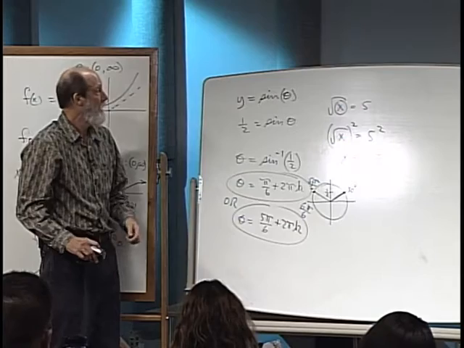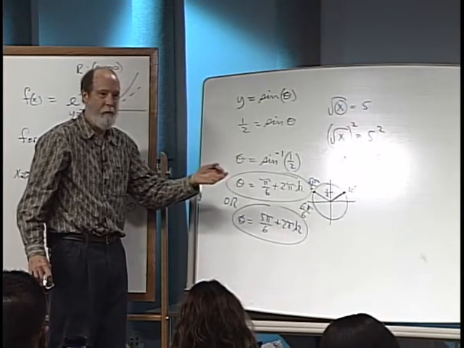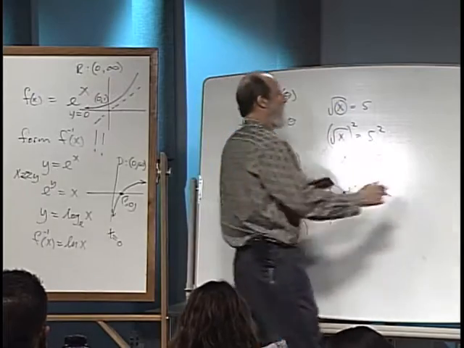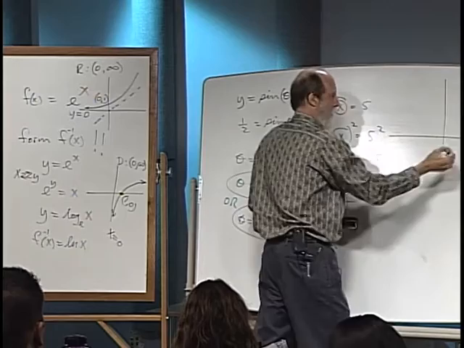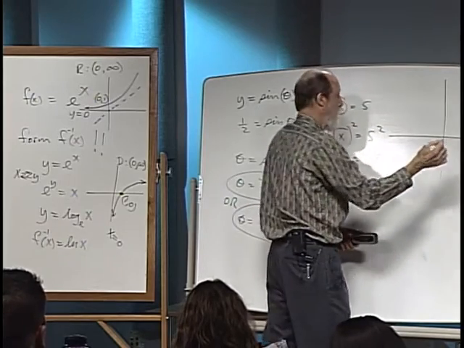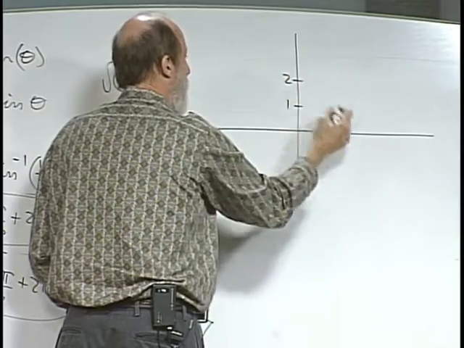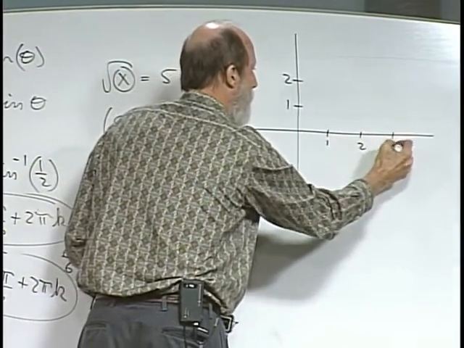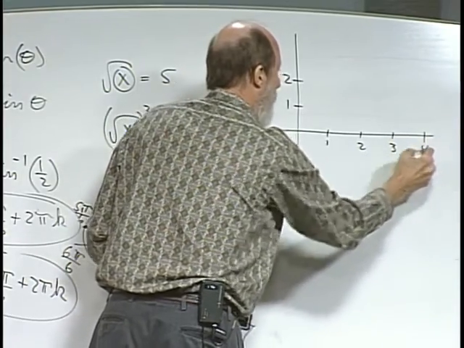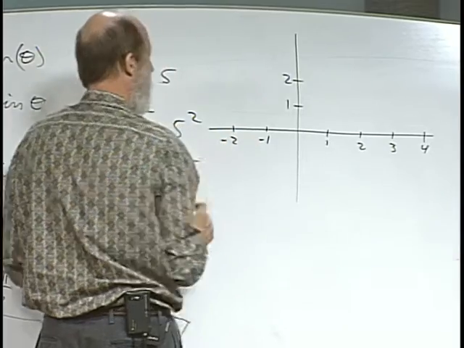Okay. Let's relate this now to the graphical perspective. We all know what a sine graph looks like, and I'm going to use radian measure so that we're dealing with real numbers. So if I have 1, 2, 3, 4, minus 1, minus 2.